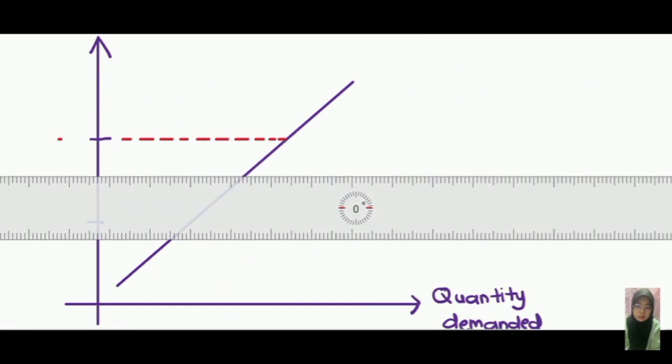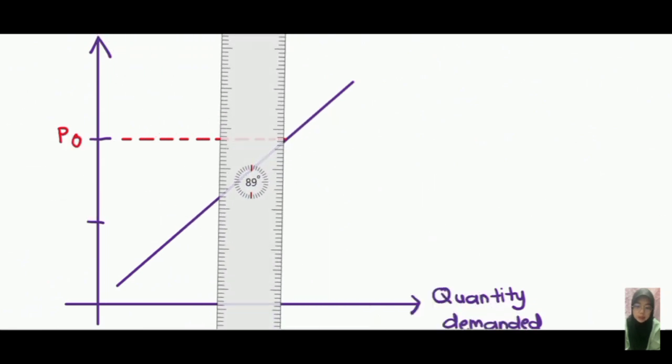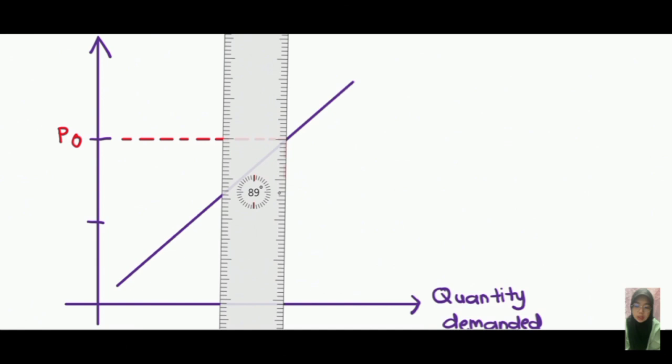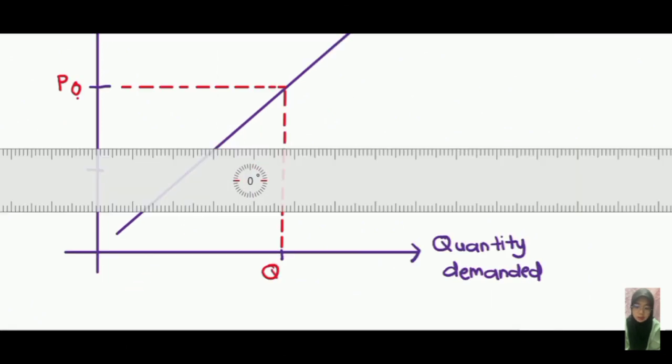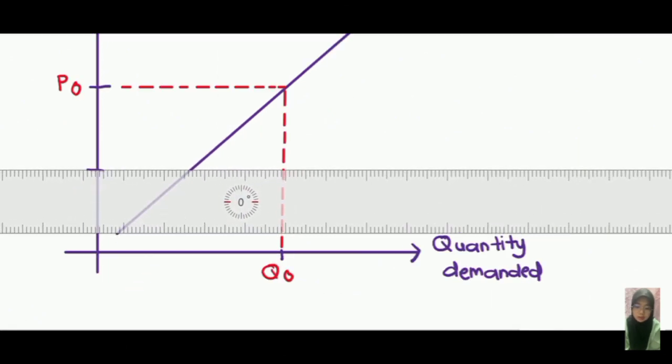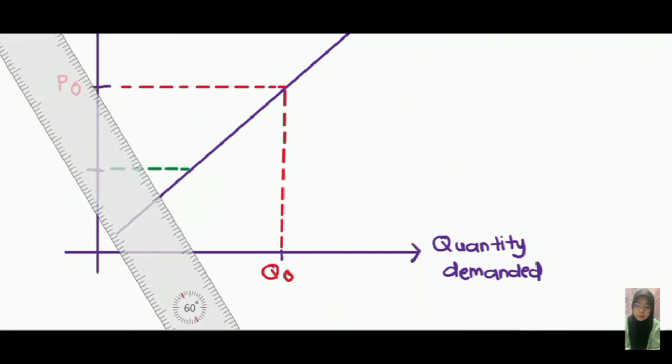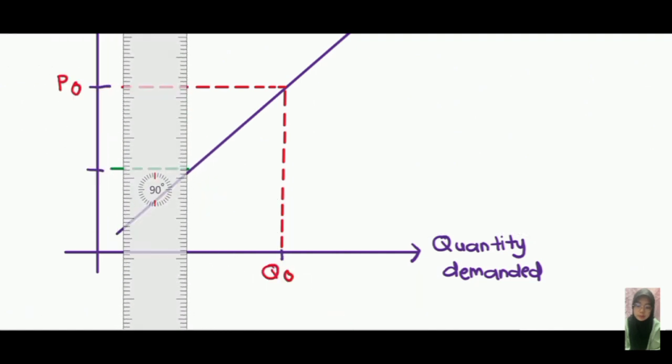The first line is price 0, and we get the quantity demanded is 0. After that, we need to find price 1. So we get quantity demanded 1.